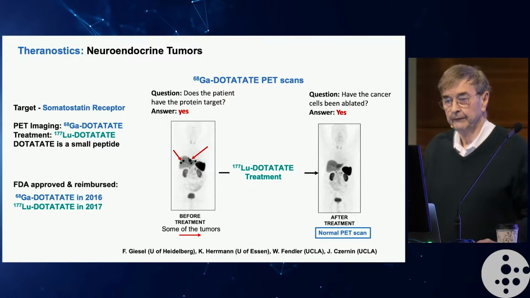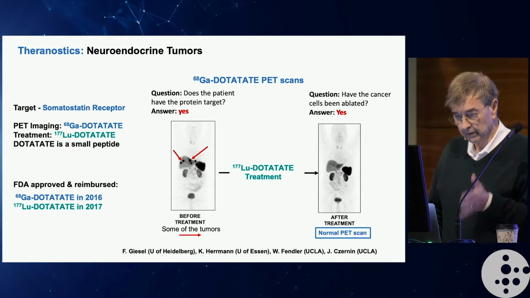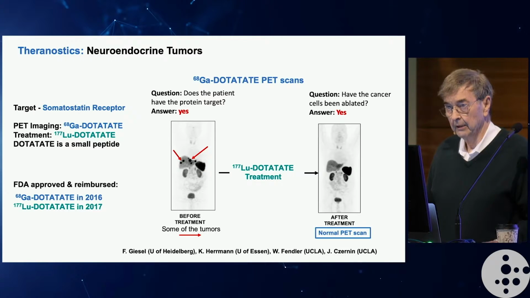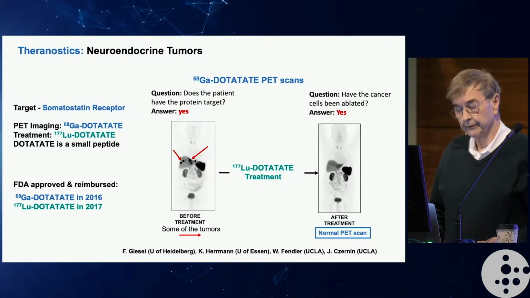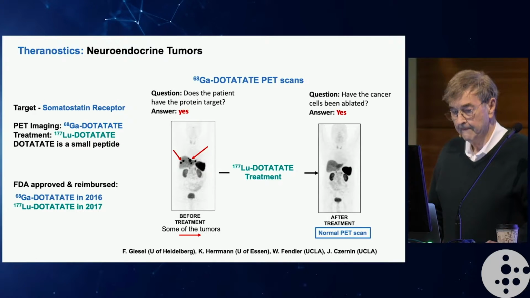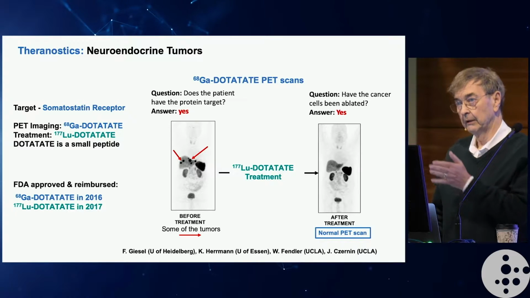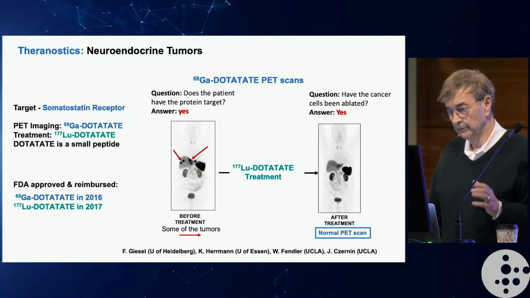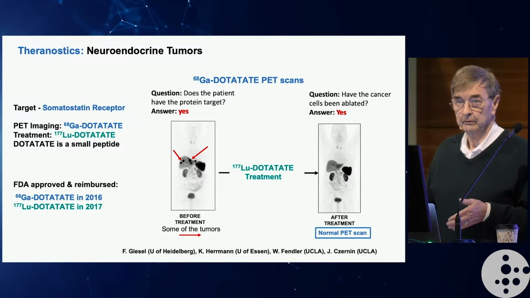So first we'll look at neuroendocrine tumors. We pick a target, a somatostatin receptor in this case, and there is a 100-fold increase on the surface of neuroendocrine tumors. Now, when you look at the images that I show you here, and as I go through and change the cancer, the target, and the probe, I don't want you to just think about detecting cancer.